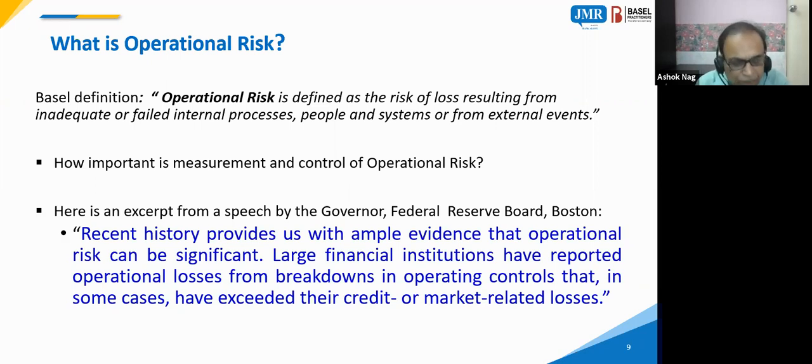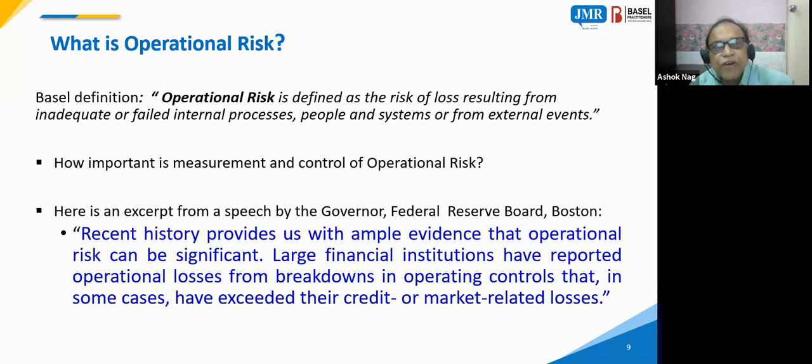Afterwards, it was clear that even banks can become insolvent if your investment book suddenly suffers a lot of erosion of value, and you may lose your solvency requirement also. Then there was no discussion of operational risk initially.